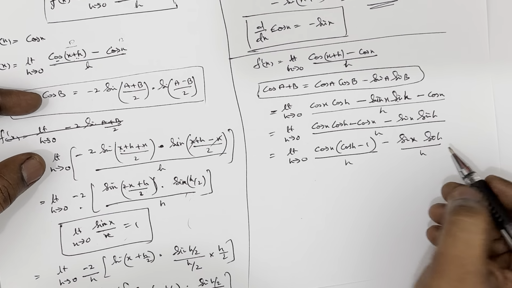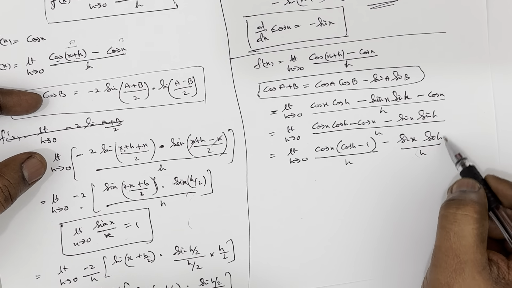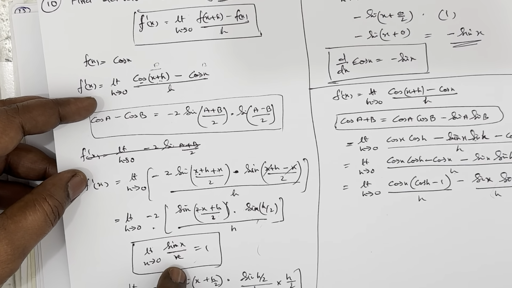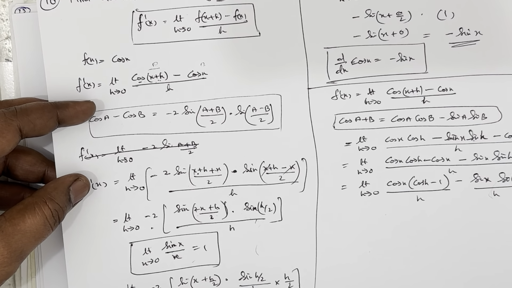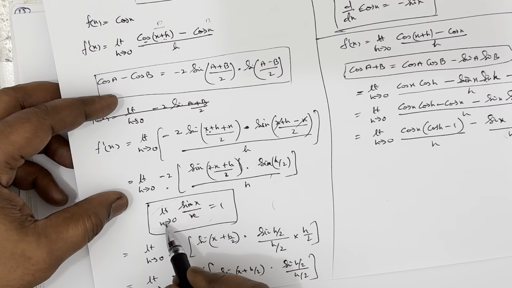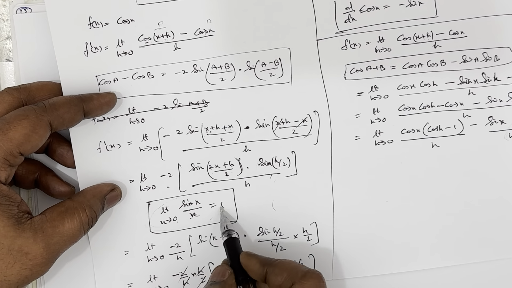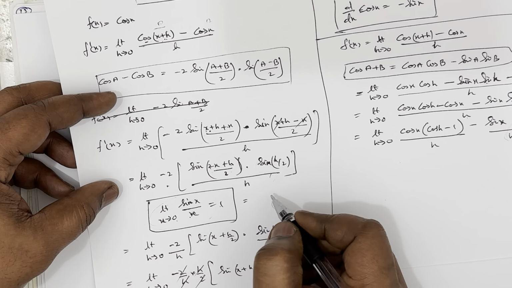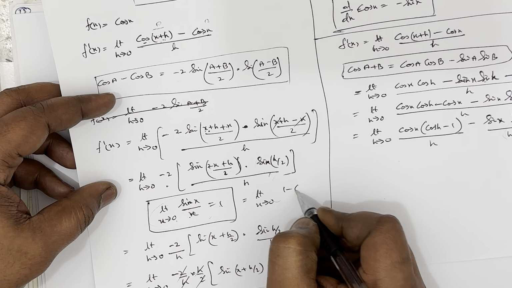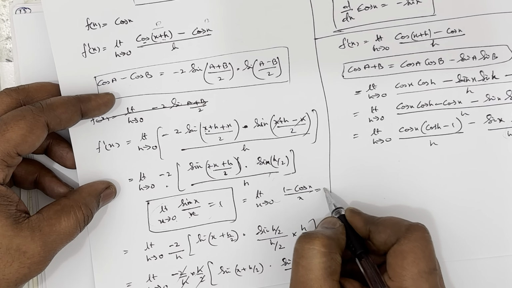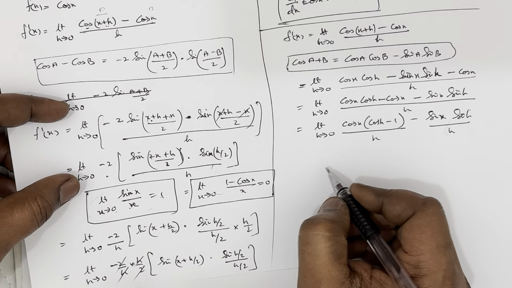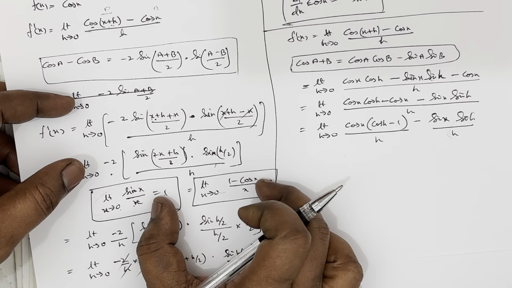Now you see sin h upon h resembles the theorem from the limits of derivatives, algebra of limits. You have this theorem, limit x tends to 0 of sin x upon x is equal to 1, and also another theorem, limit x tends to 0 of 1 minus cos x upon x is equal to 0.